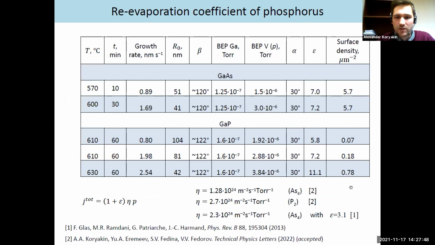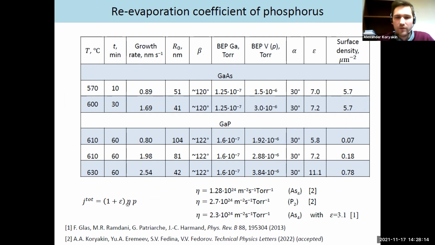And the last point of the presentation: we obtained some estimation for the evaporation coefficient of phosphorus. In the previous work, the evaporation coefficient for arsenic was obtained, and the conversion coefficient for arsenic was obtained too, but not for phosphorus.